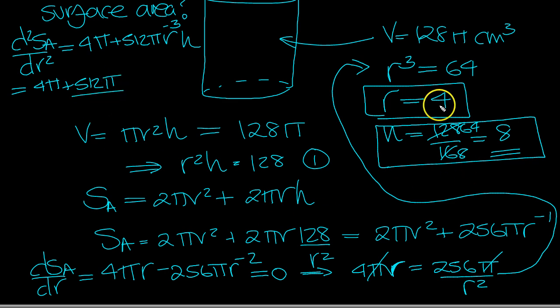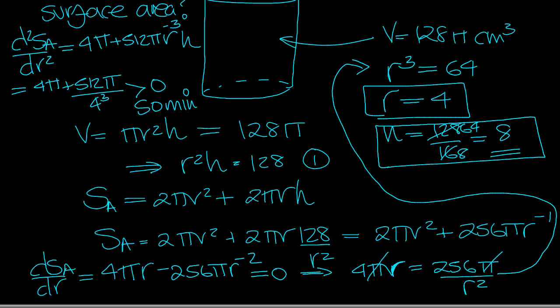When r is 4, we're going to get over 4 cubed. That's positive, so it's a min. So this would be the minimum.